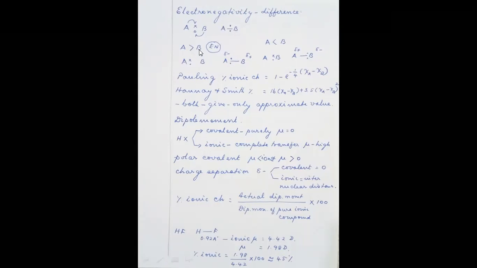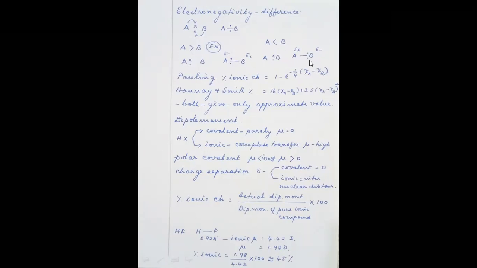If electronegativity of A is higher than B, then the electron density is found more around A. So what happens? A becomes delta negative, B becomes delta positive. If the electronegativity of B is higher than that of A, then the electron cloud is more found around B. So A becomes delta positive and B becomes delta negative.